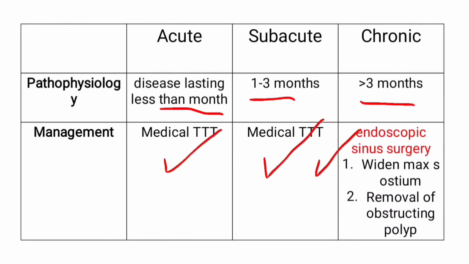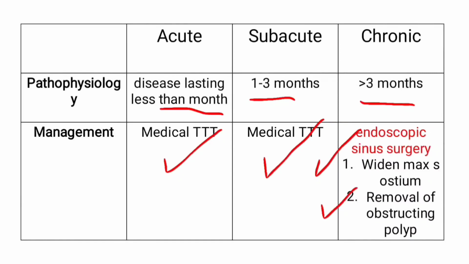We said before, the maxillary sinus opening to the nasal cavity is located in a high location on the lateral nasal wall, so dependent drainage or drainage by gravity is prevented. So we perform endoscopic sinus surgery to widen the opening of the sinus to promote drainage, or we can remove the polyp that obstructs the maxillary sinus ostium as well through endoscopic sinus surgery.